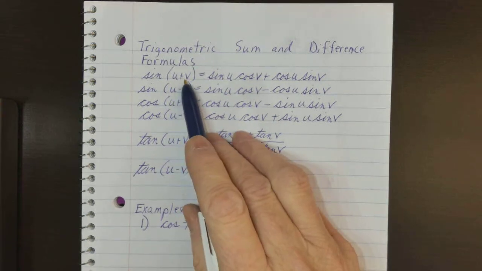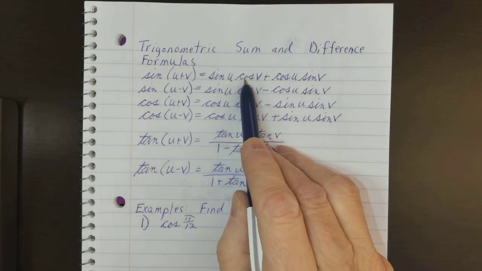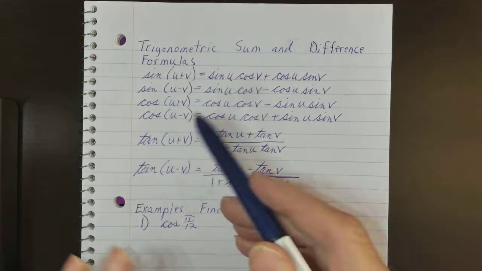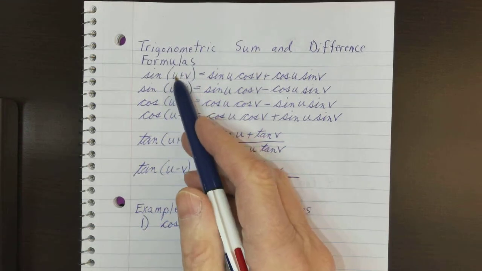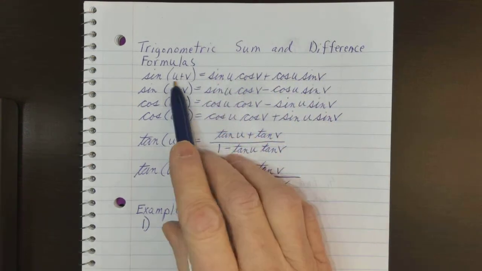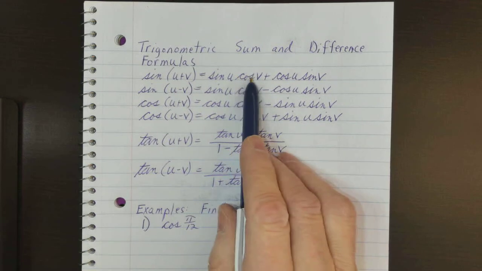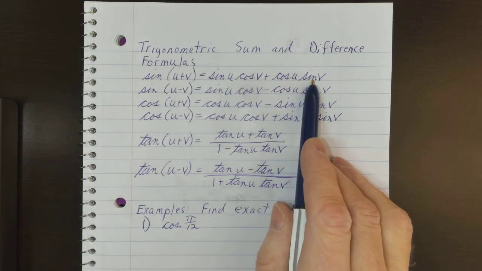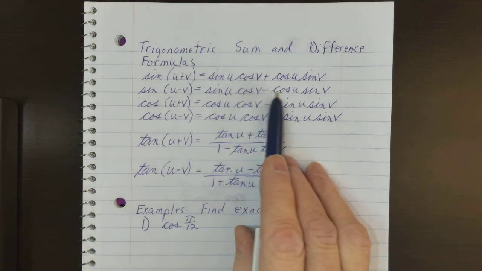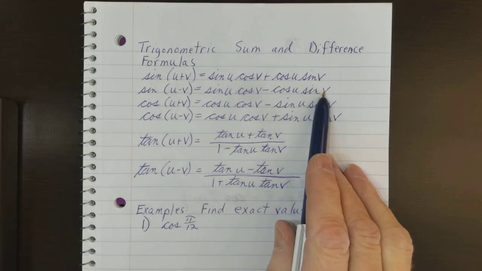Now the sine of u plus v is sine of u times cosine of v. U is an angle, v is an angle, and you can add them together and talk about the angle, but this is the identity. Sine of u plus v equals sine of u cosine v plus cosine u sine v. Sine of u minus v equals sine u cosine v minus cosine u sine v.